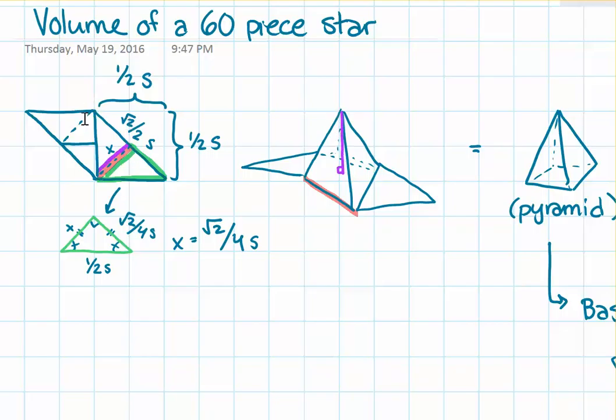So using the Pythagorean Theorem, we can easily find this side length, and it's root 2 over 4 s, where s is the original side length of the piece of paper. So we have x equals root 2 over 4 s, which means that that's the side length of this little rhombus. That's the base of this pyramid.